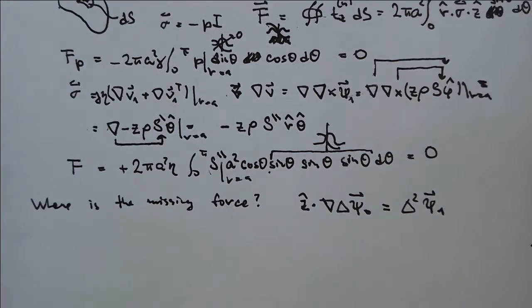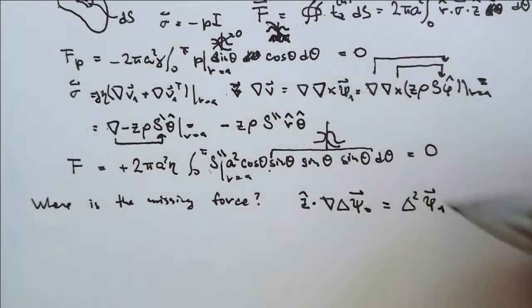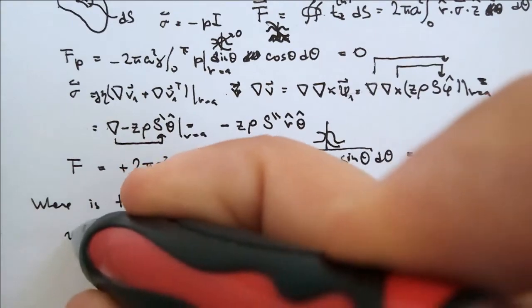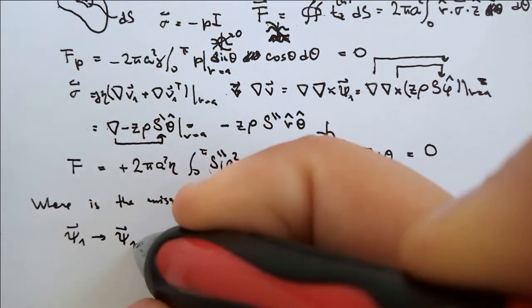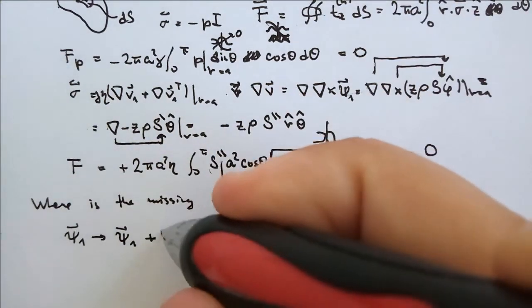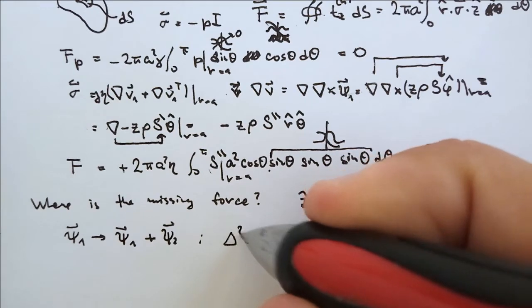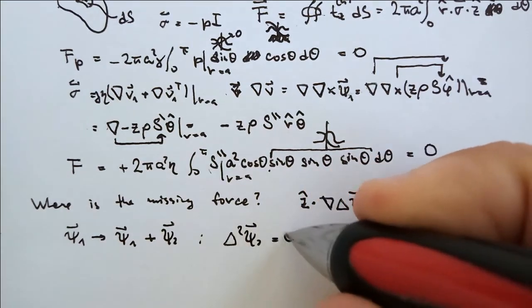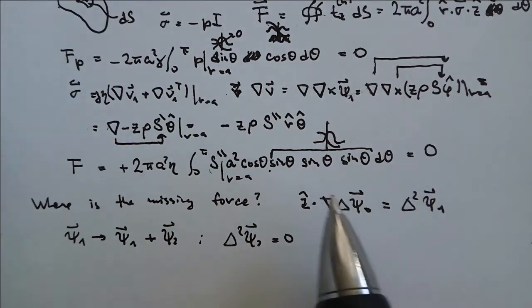But there is another solution, because as you know, if you change phi 1 to the phi 1 we have found plus another solution, and say that this is 0, then this solution will also satisfy our equation.